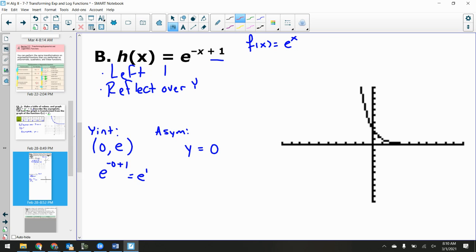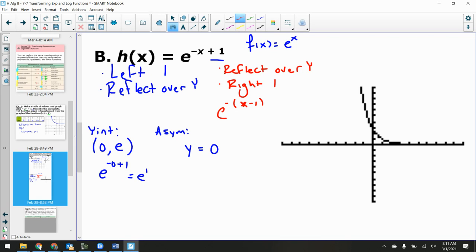I could have said reflect, then right one. And here's why. I could have rewritten this as e to the negative x minus 1. Doesn't that mathematically come out to be the same thing? Negative x plus 1. Okay, depending on the order in which you take these things, it's acceptable to write both of them, actually. Okay.